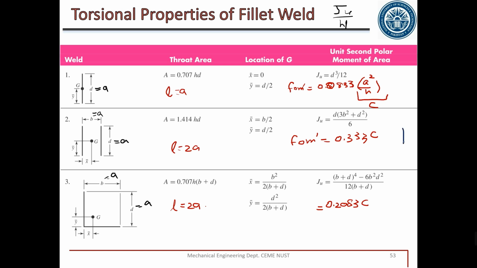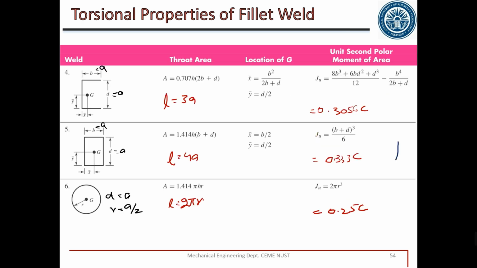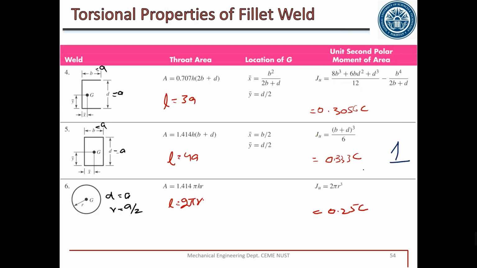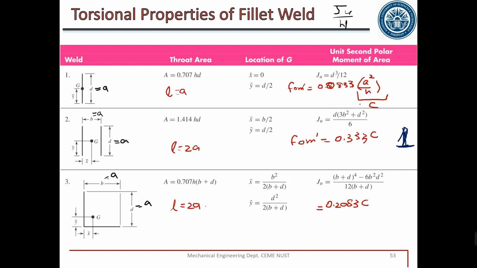So rank of this value is 1, and this also has a rank of 1. What is the second value? Out of this, this is the second rank value. Third rank value is this 0.25. Then we have this value, and the last value is this.